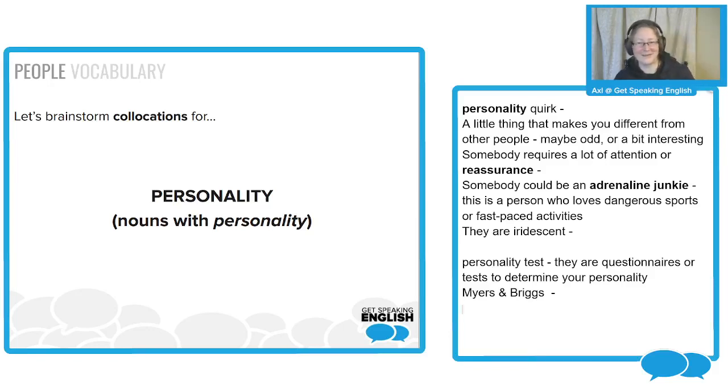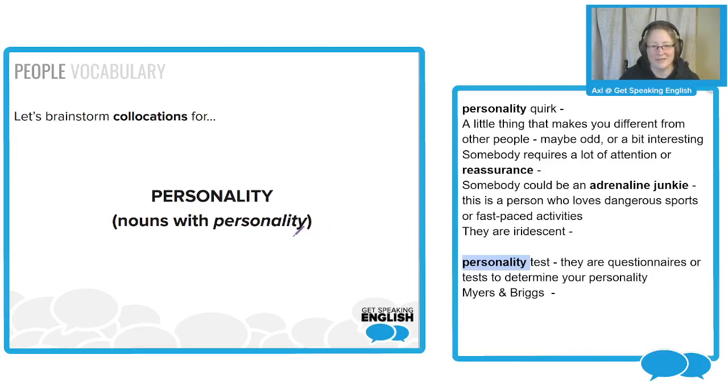But people might take a personality test to figure out what kind of personality they have, and they like to think they could use that to figure out if you could get on well with other people or do the job well.